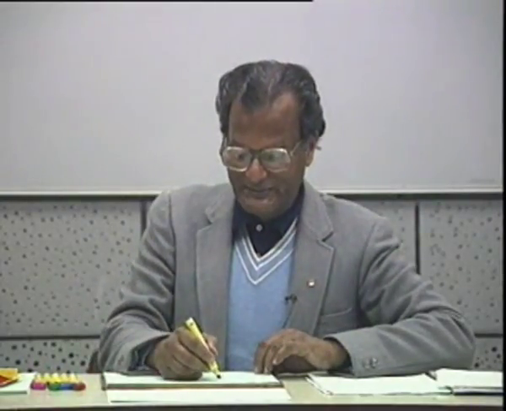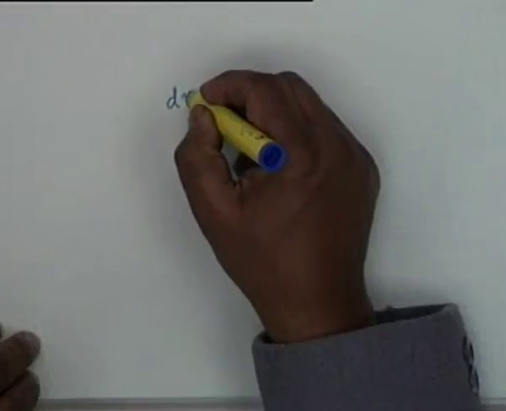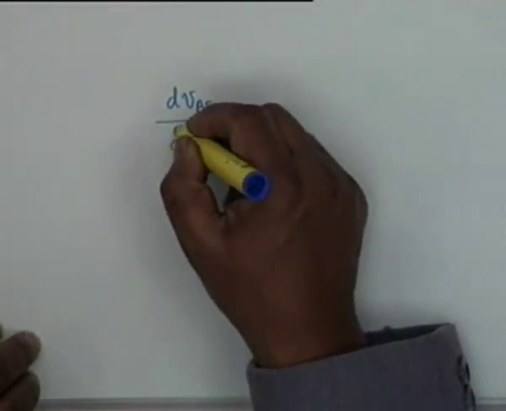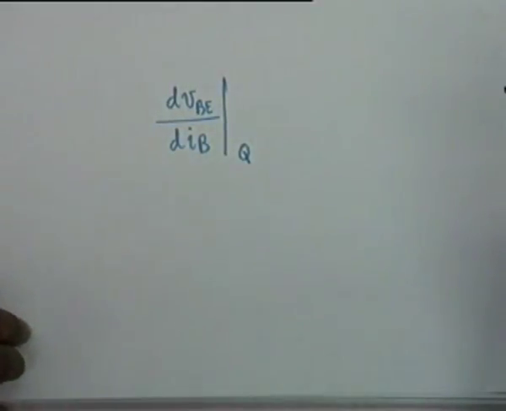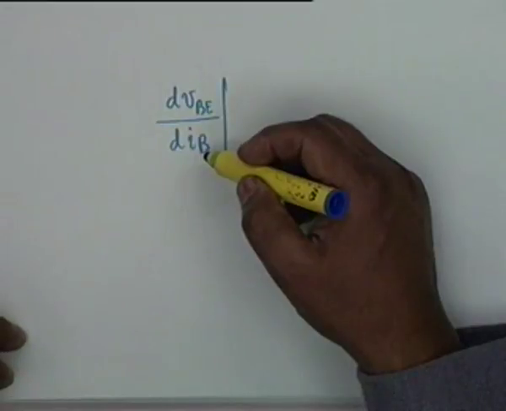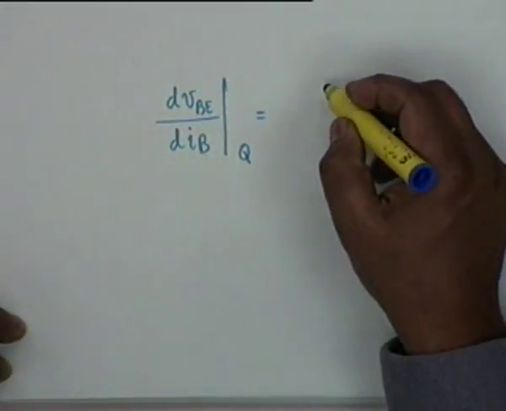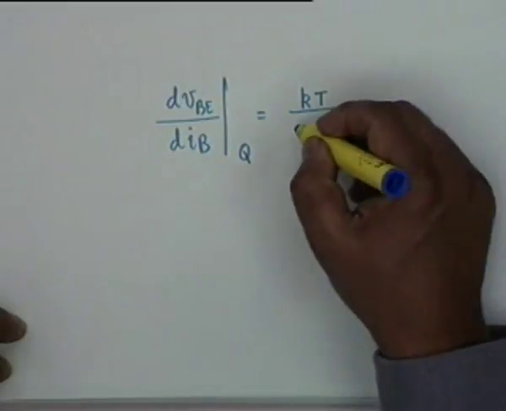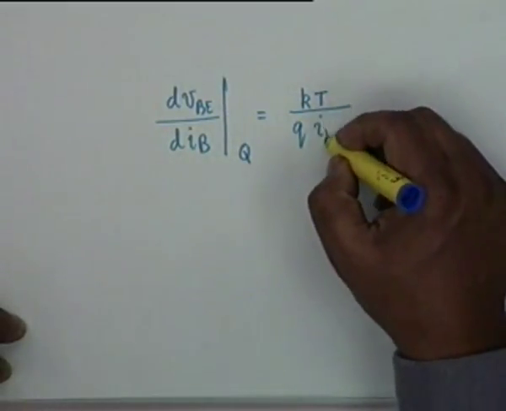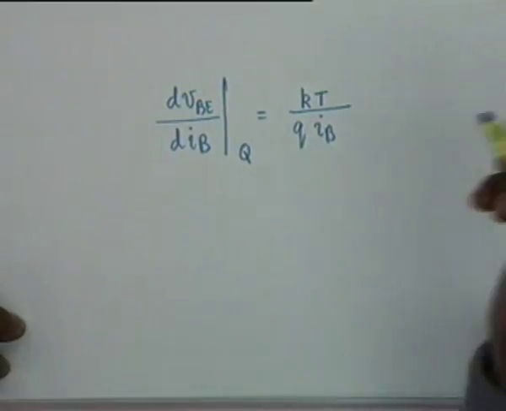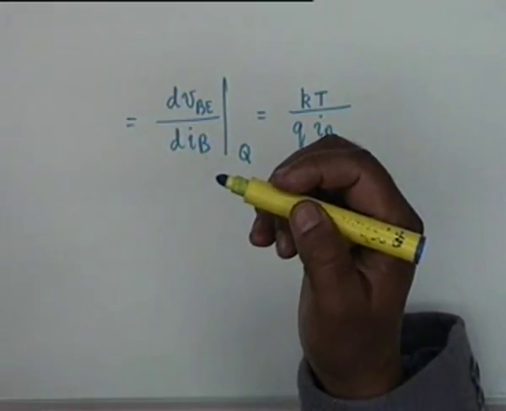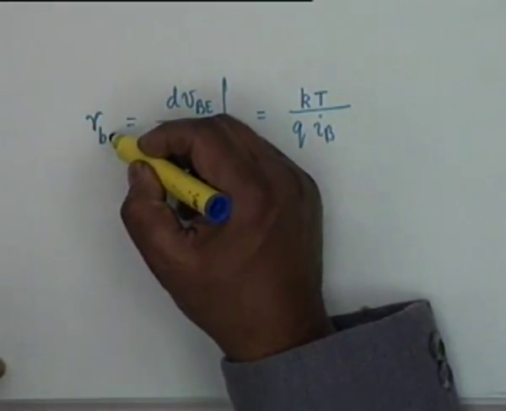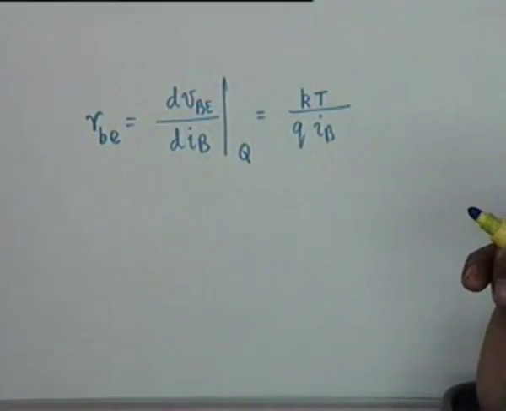In the input junction, if I take the ratio dVBE by dIB at the Q point, the emitter base junction is a diode, and therefore this slope would be given by, if you remember, KT by Q I sub B. This resistance is the resistance appearing between base and emitter, and therefore it is denoted by RBE, between base and emitter.